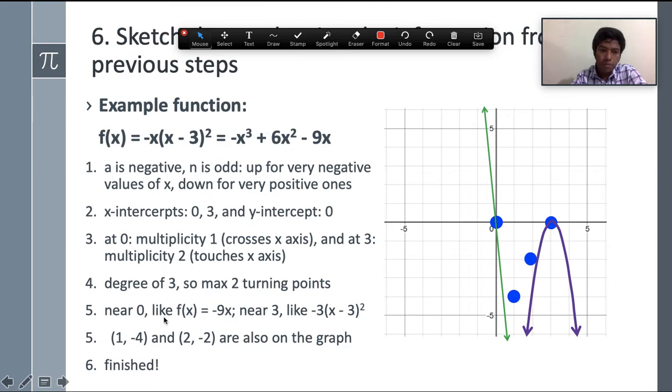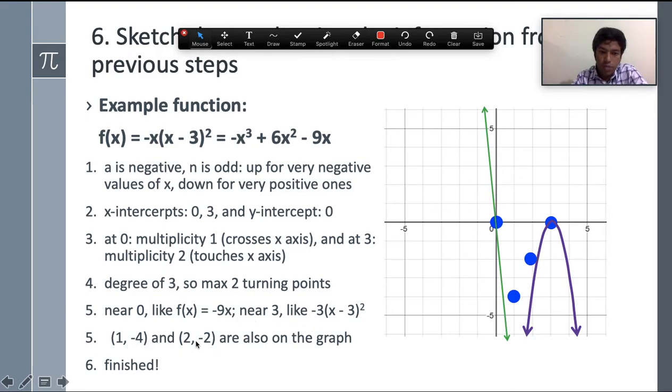Near 0, f of x equals minus 9x, so we got this line. Then at 3, it is a down-opening parabola. How do we know? x square and then minus 3, this way we know.